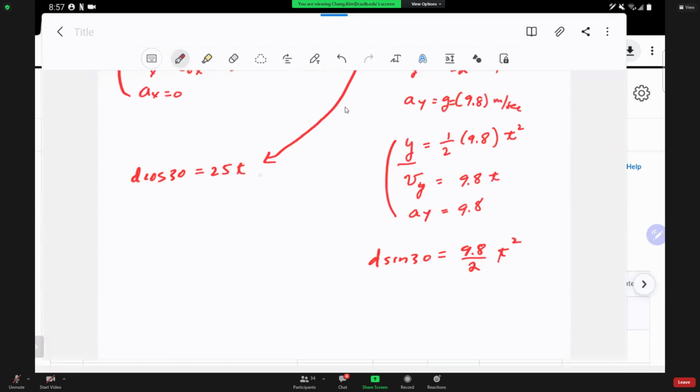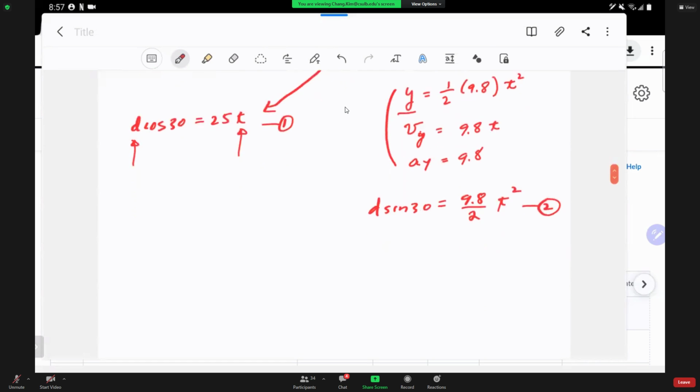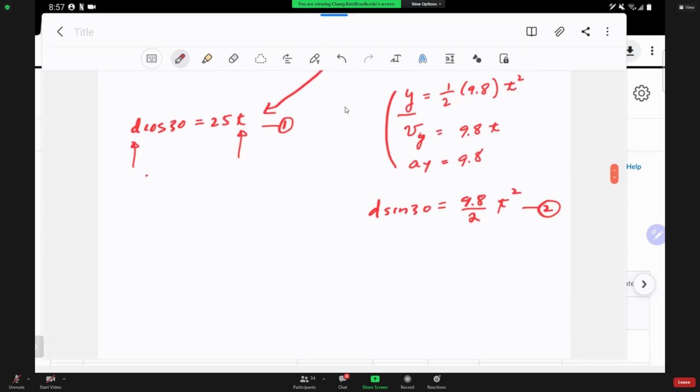So I have the first and second equation. I don't know what the d is, and I don't know what the time is. So I have two equations and two unknowns. So I'm going to solve for d, which is going to be 25t divided by cosine of 30.